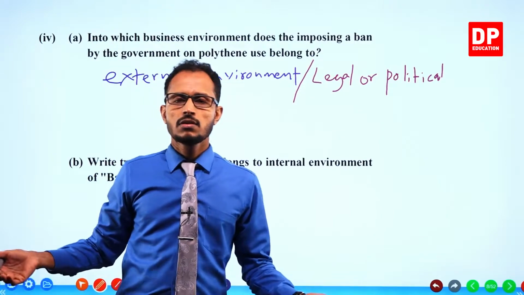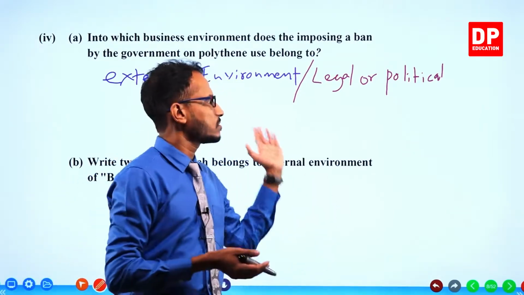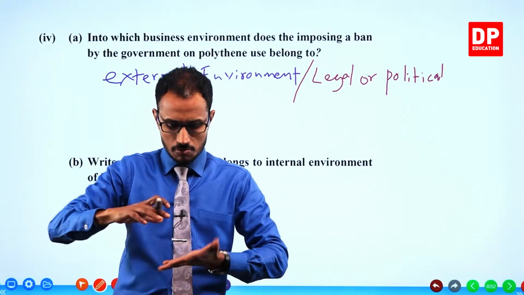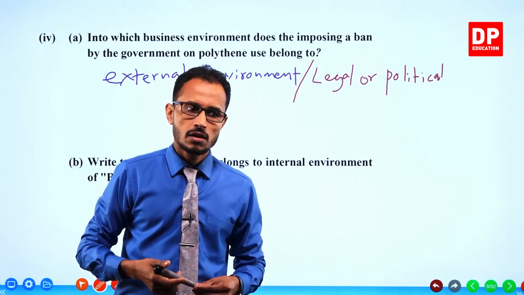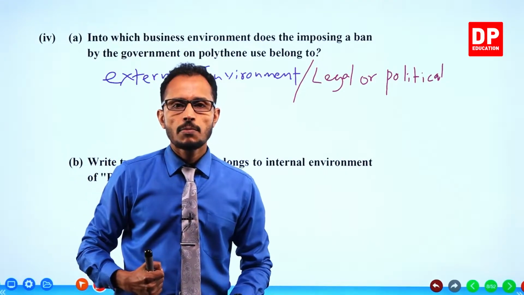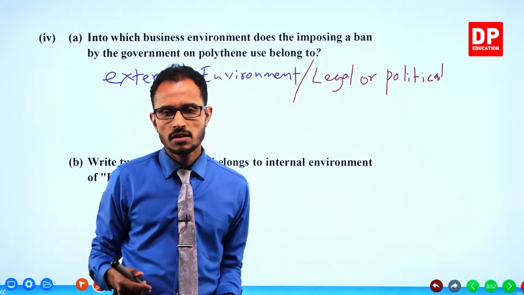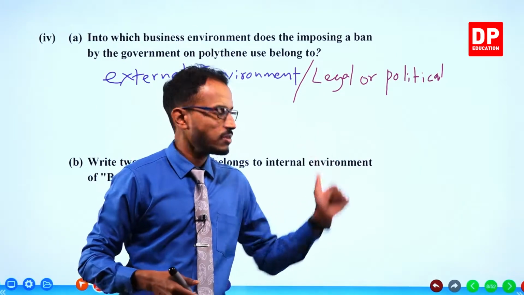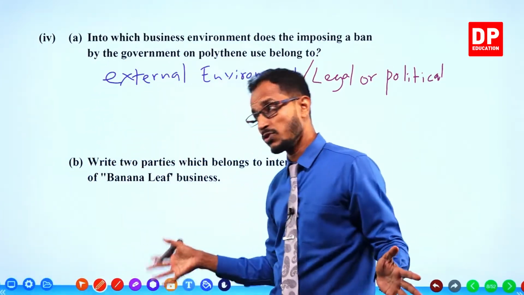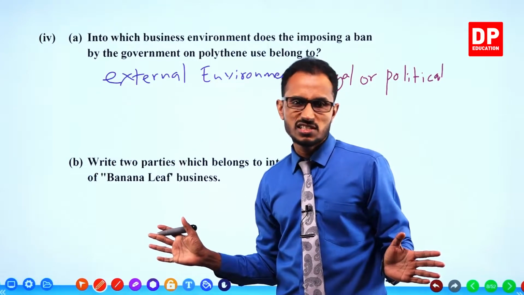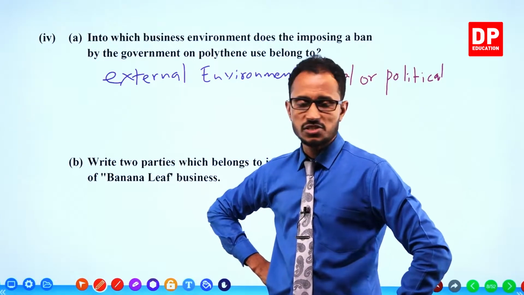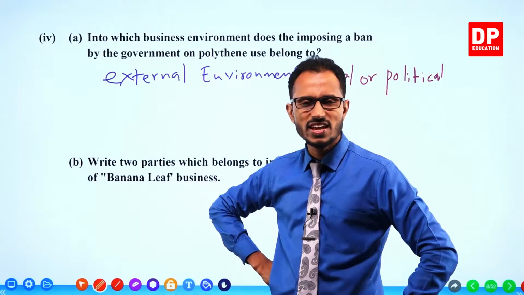Why? He is the one producing lunch boxes, 100% natural lunch boxes made out of banana leaves. And suddenly the government bans the polythene usage. So no lunch sheets. That's an opportunity for this guy. He can sell his lunch boxes more and more. People will buy his lunch boxes because they do not have the polythene lunch sheets. Well, that is actually a brilliant decision, such a good decision in terms of the environment.